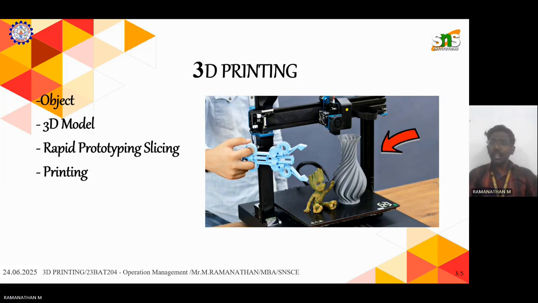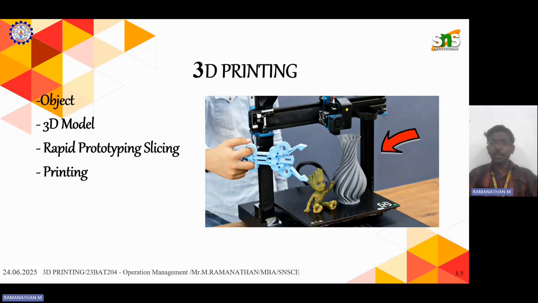Not only the 3D machine is important, the designing is also important. If you have a new design, you have to design it in 3D using AutoCAD or CAD software. You design that product and fit it to this machine.